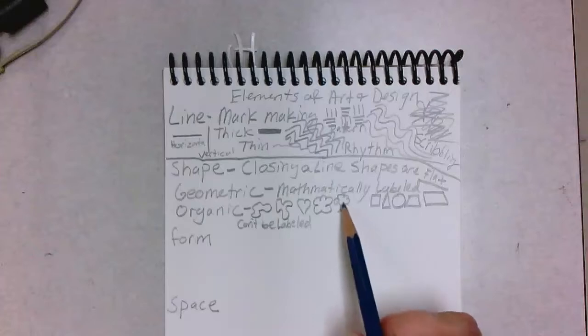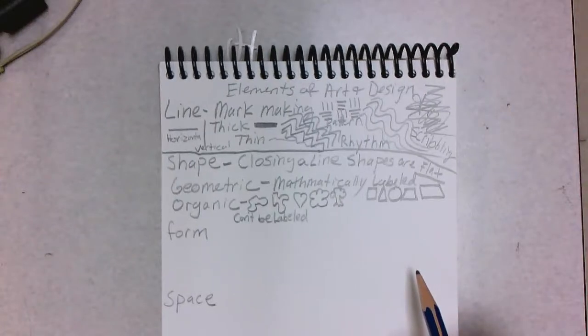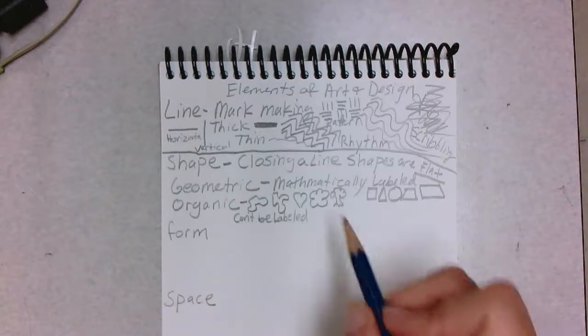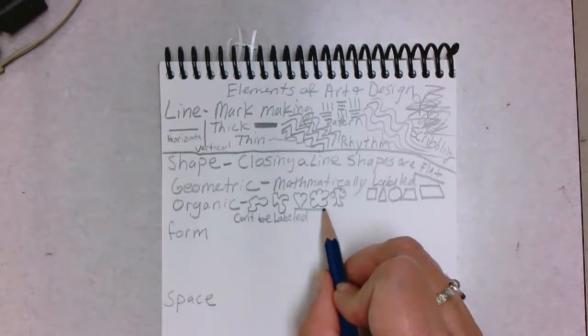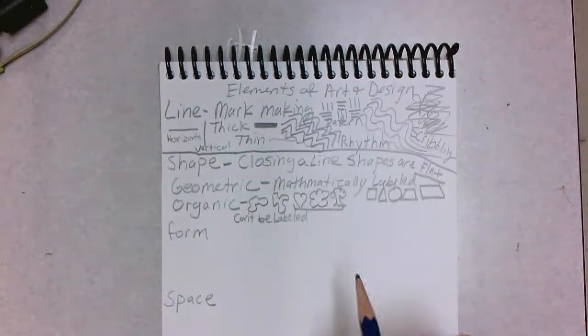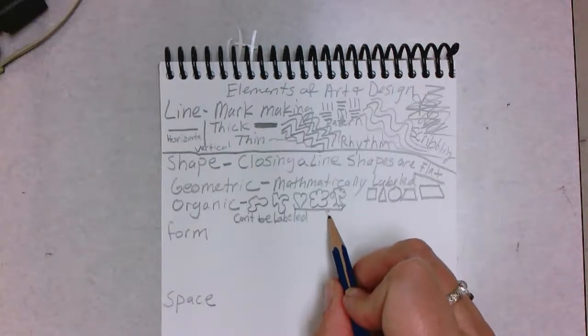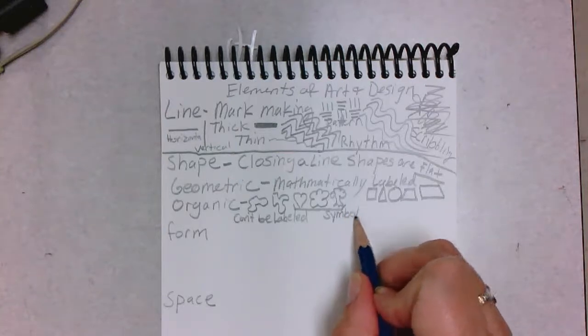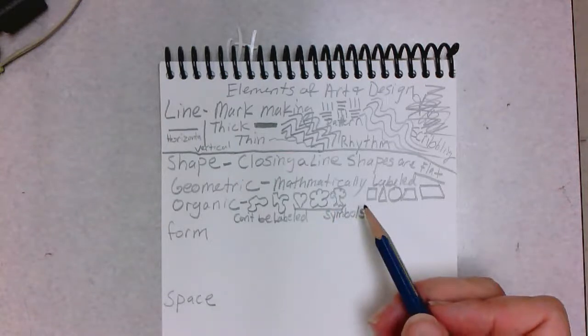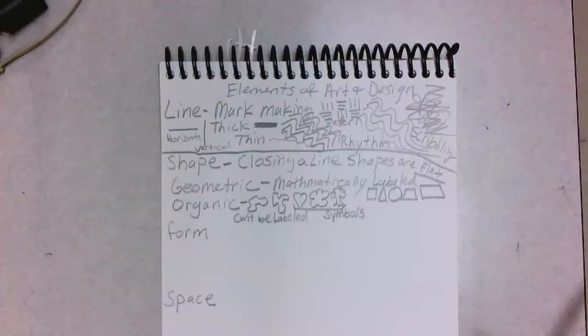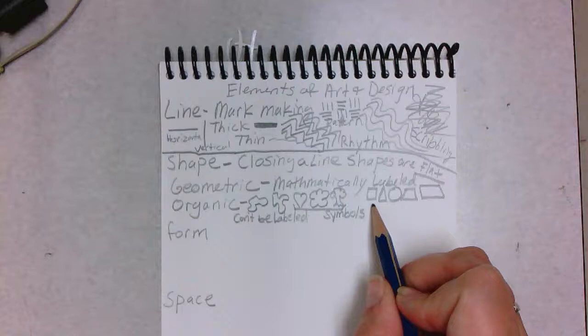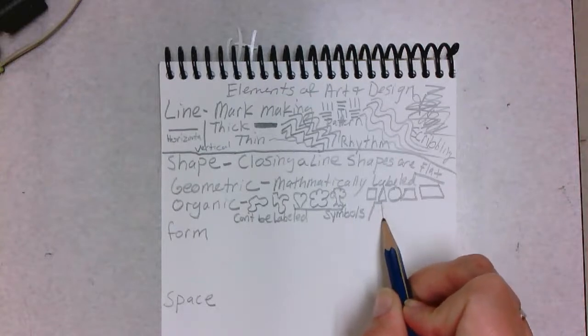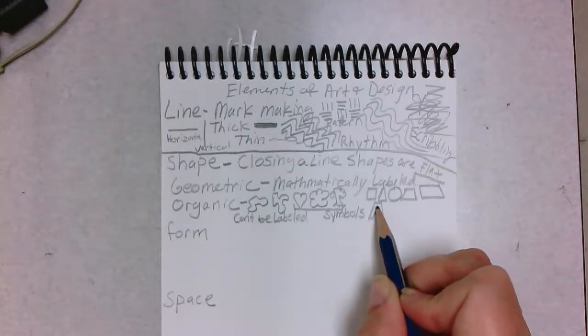And that's still a shape. So that would still be considered organic. But these now can be defined as symbols. So sometimes organic shapes are symbols, okay? What about things like this? Is this a shape?